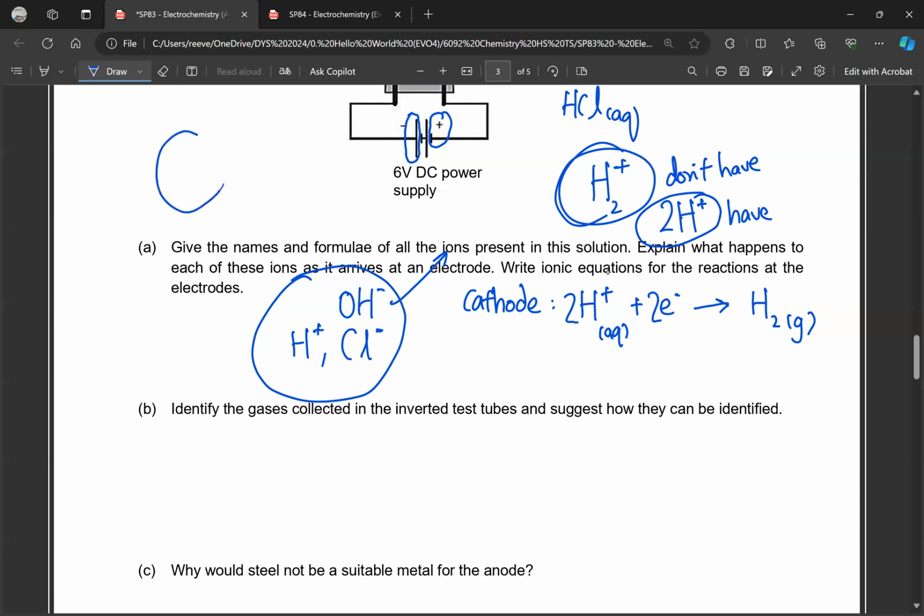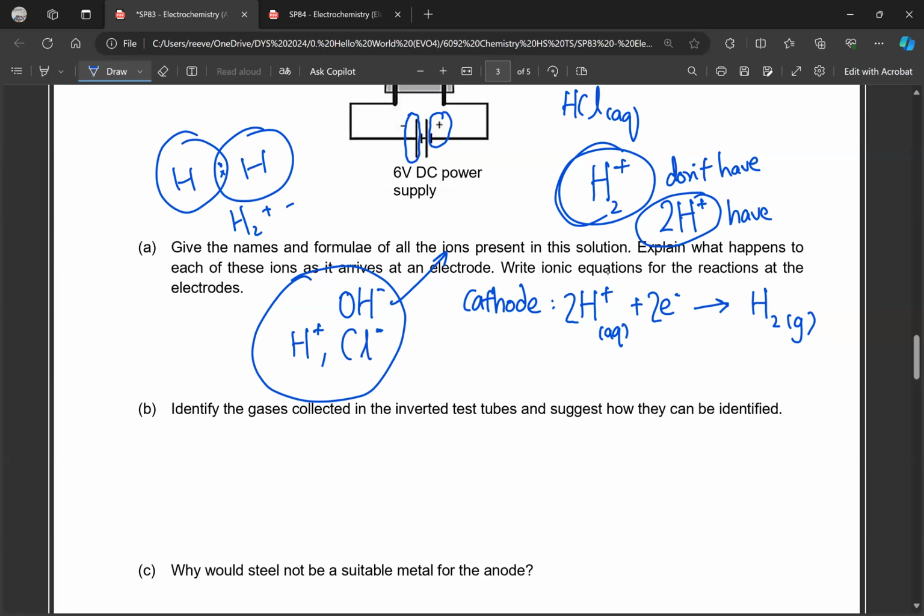H2 plus would be bonded, H with H. When you bond, it's a covalent bond, and covalent bonding never involves losing or gaining electrons. It's sharing electrons. So where is there such a thing as plus and minus in covalent bonding? There isn't.